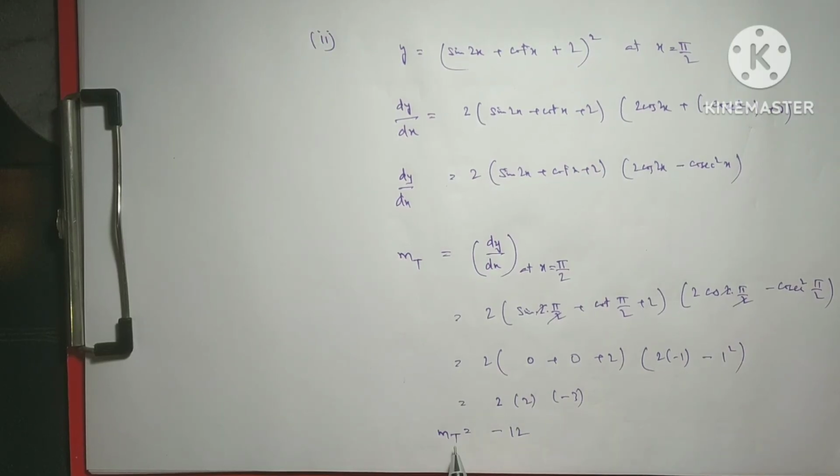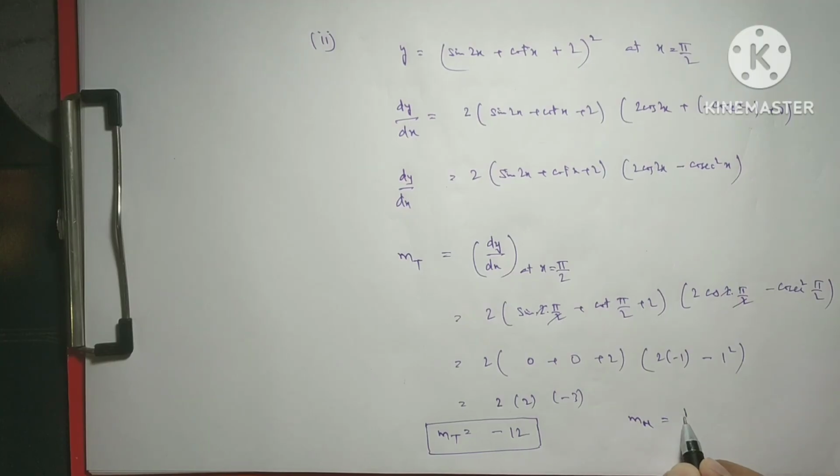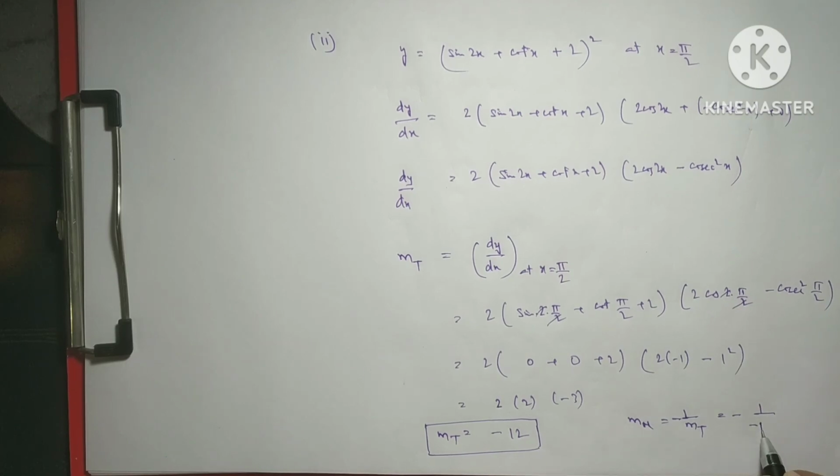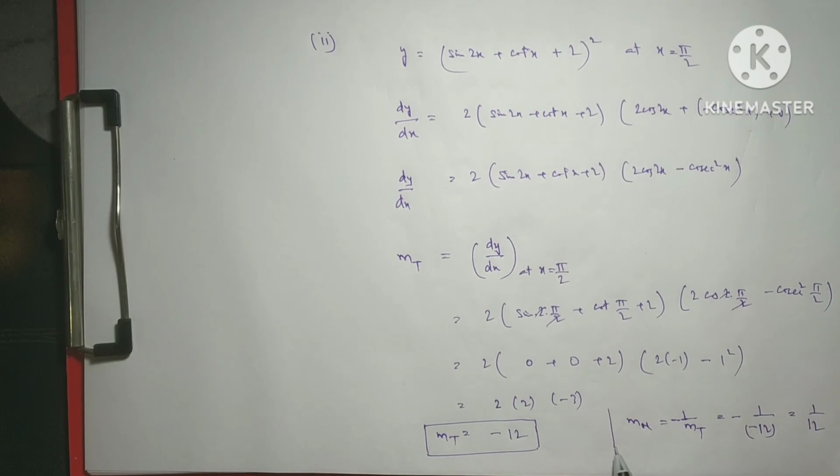So mt is minus 12. The slope of tangent is minus 12. So slope of normal mn will be the reciprocal of mt with negative sign. So minus of minus 12 becomes 1 over 12. So these are two answers.